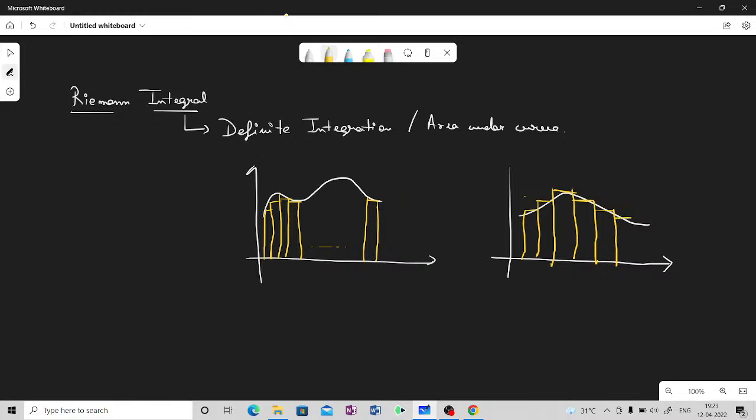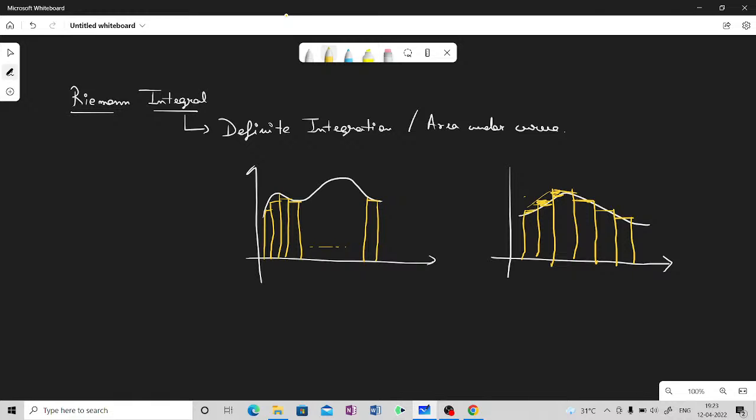Suppose you take rectangles like this, so these rectangles cover the curve from above, and in this case the curve covers the rectangles from above, right?